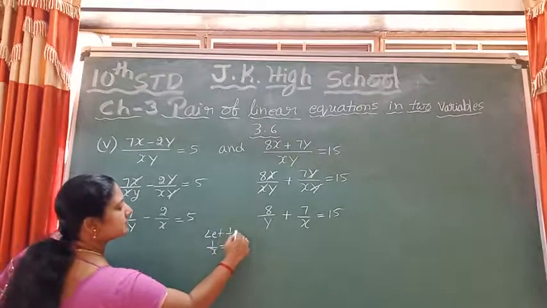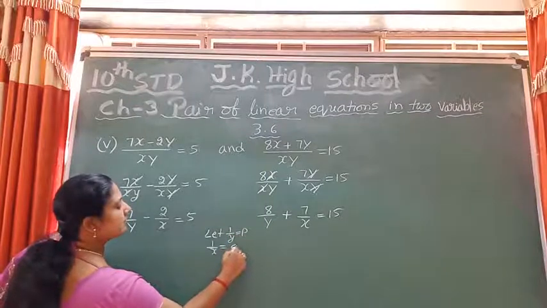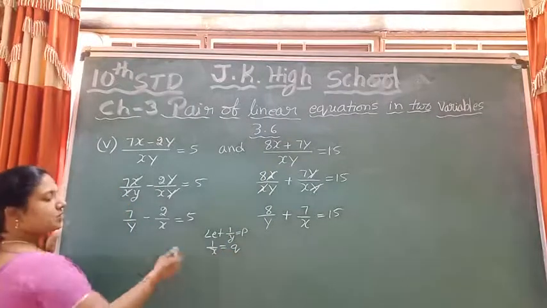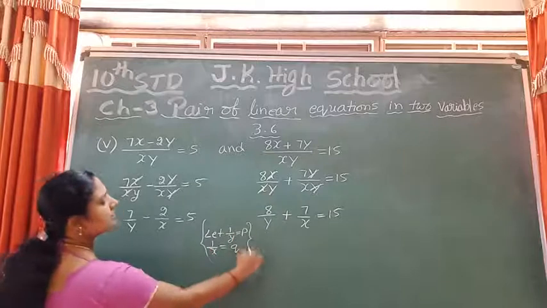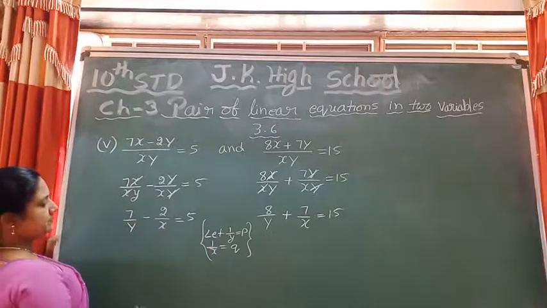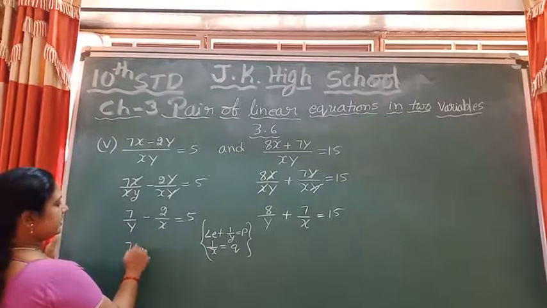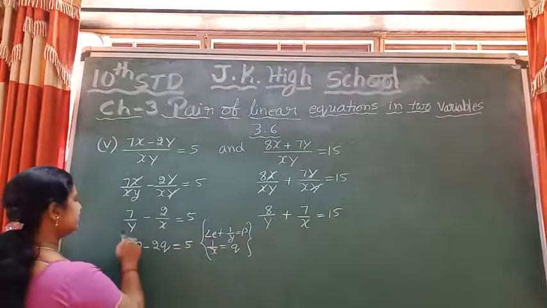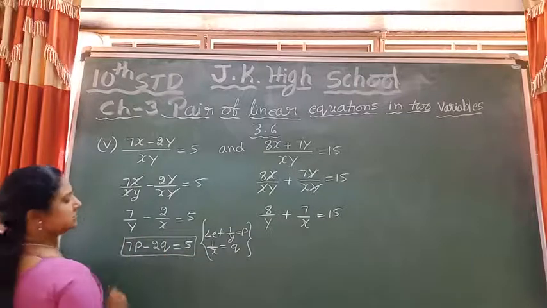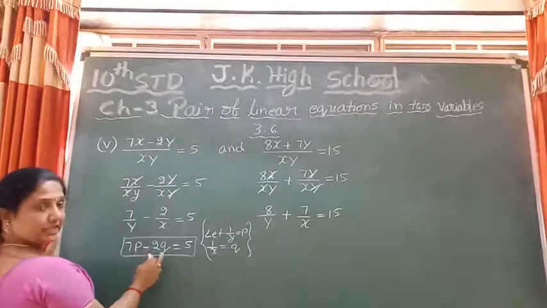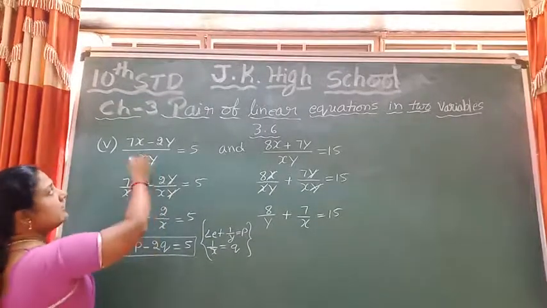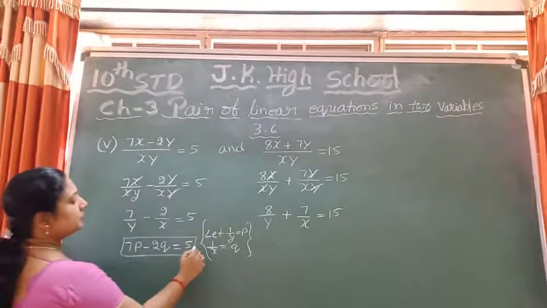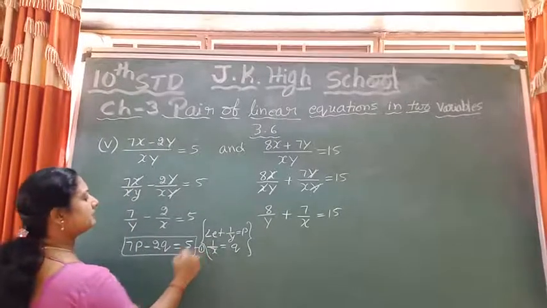You consider this for both the linear equations. Then it becomes 7p minus 2q is equal to 5. This is the standard form of linear equations in two variables. Here the variables are p and q. We converted the variables in the form of p and q. You call this equation number 1.